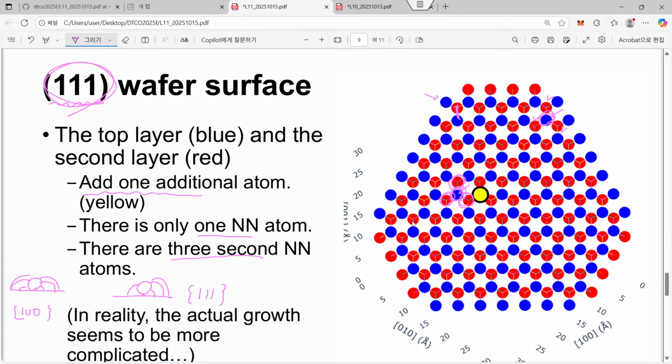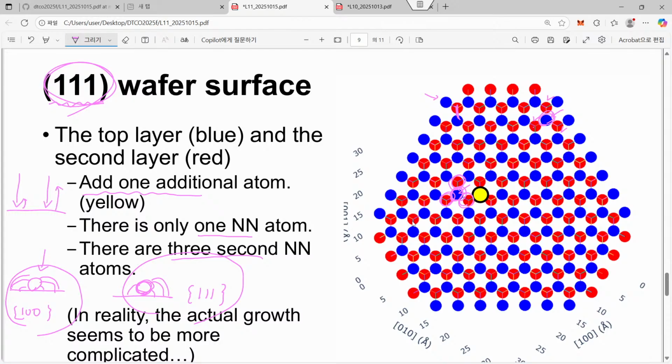Since the 100 surface has a stronger bonding, once an atom is added, usually it does not escape. But in the case of the 111 surface, although it is placed, it has a higher probability to escape from the placed position. So although the incoming flux is the same, let's say one doesn't escape and one escapes.